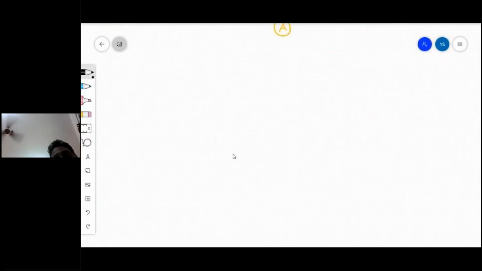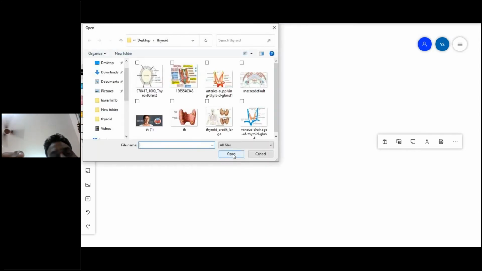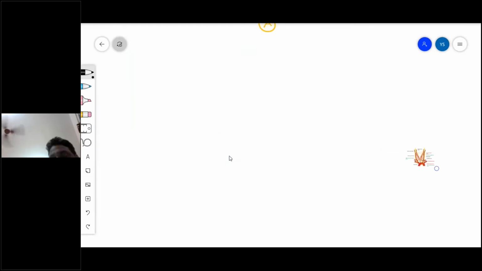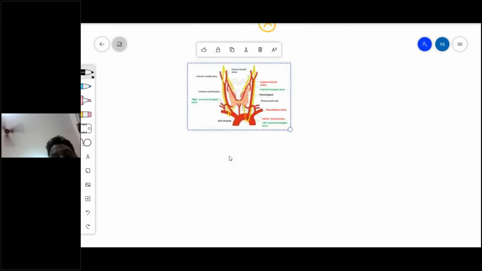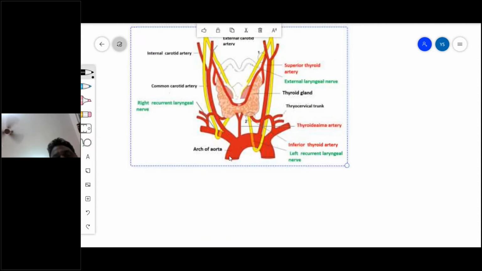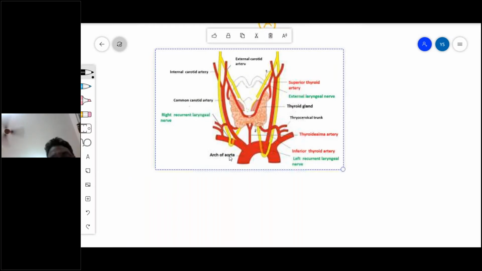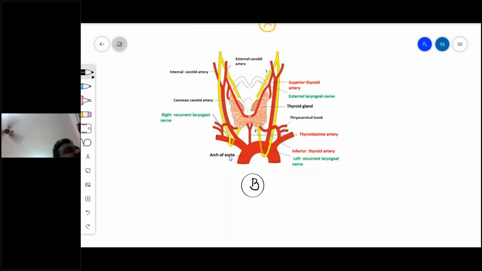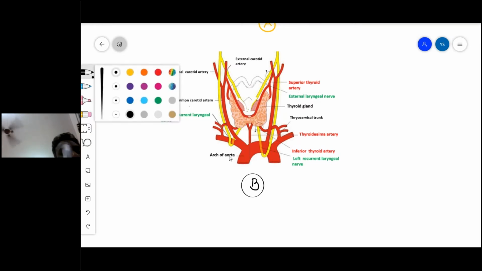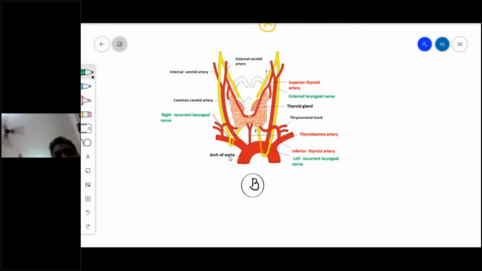So we take another picture for the relations. This one we name picture B. In this picture, first we identify the base and apex with the green arrow.